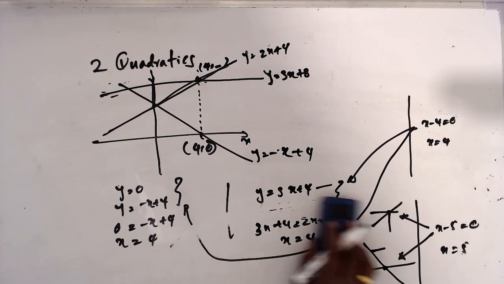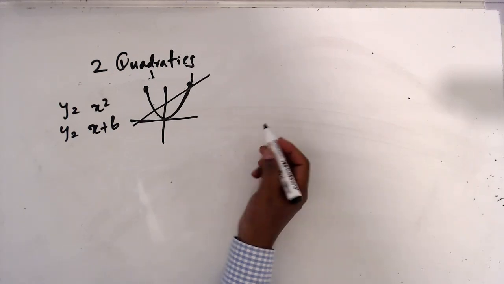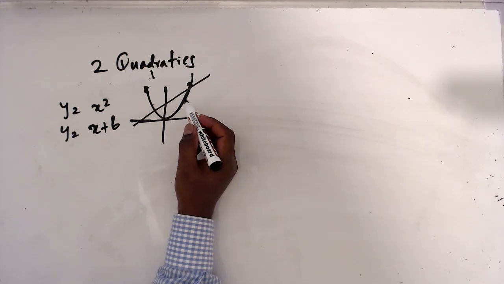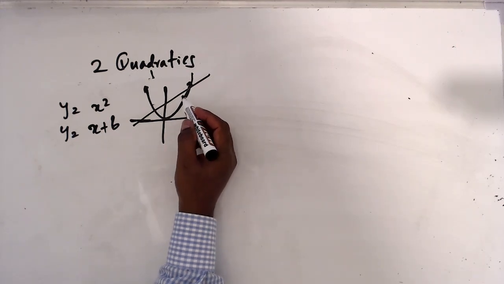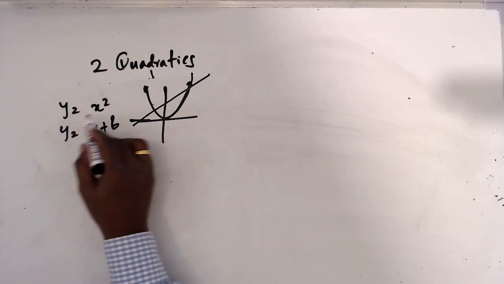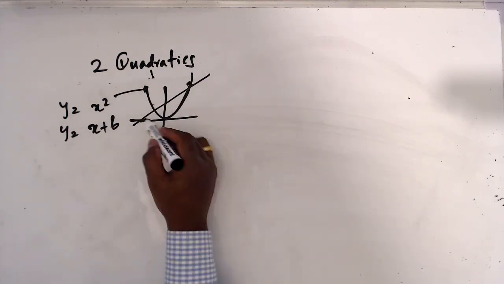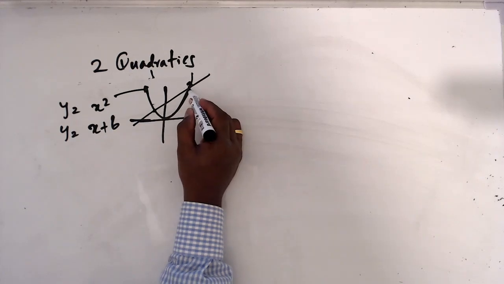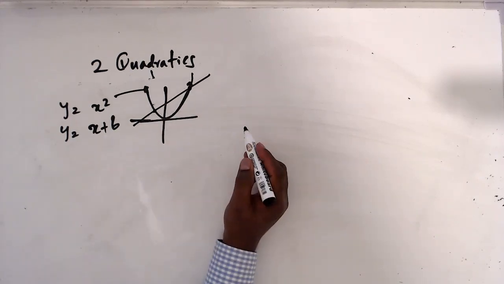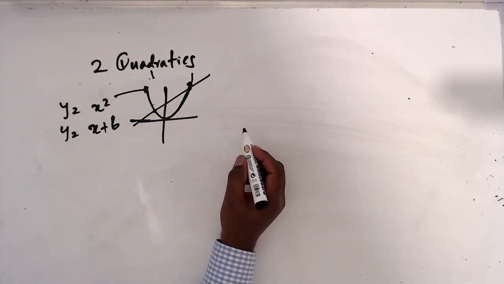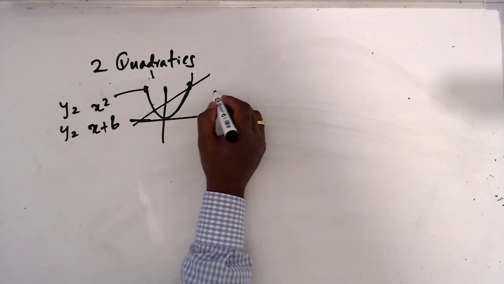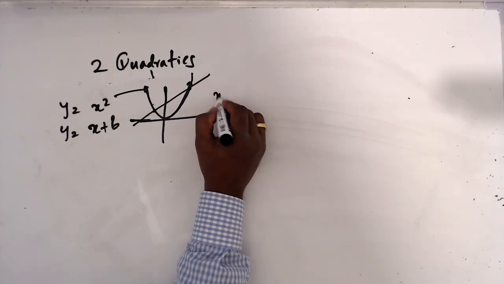Same as, we talk about the initial question. y equals x square, this one, and this is a line. Yes, we have two intersection points.